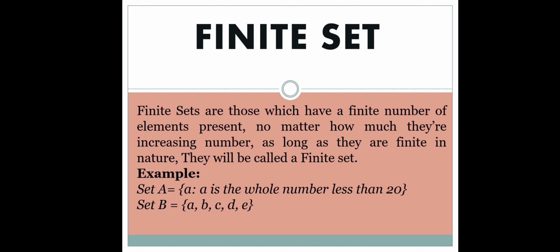So, from 0 to 19, that means we have 20 elements in set A. Likewise, set B has 5 elements, that is A, B, C, D, E, isn't it? Set B has only 5 elements. So, set A and B have a finite number of elements. So, it is called a finite set.